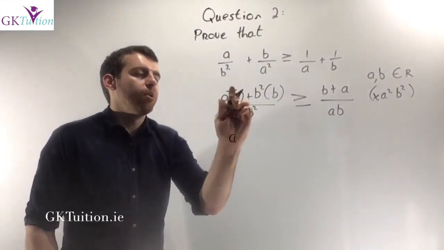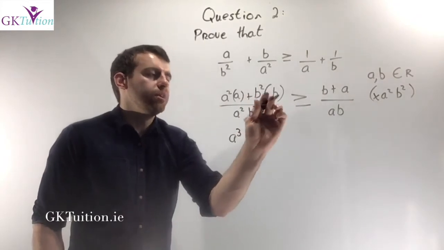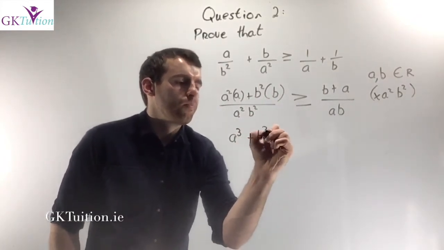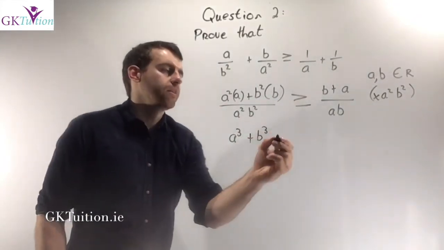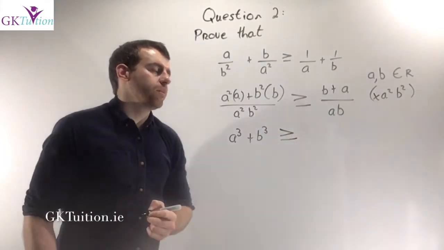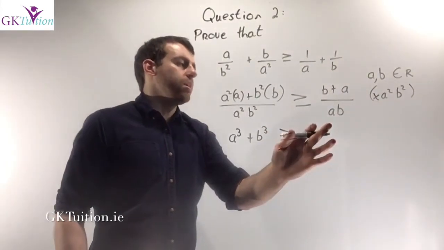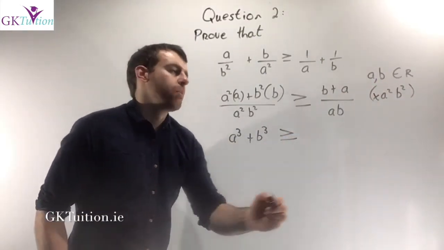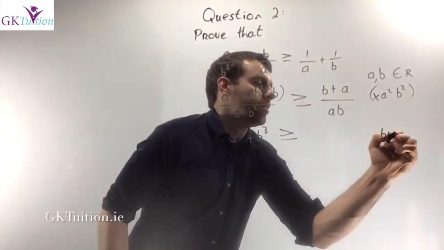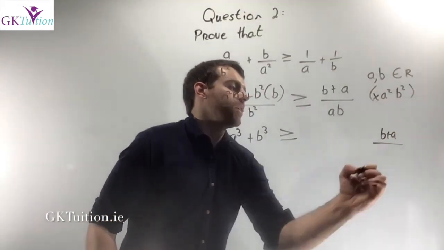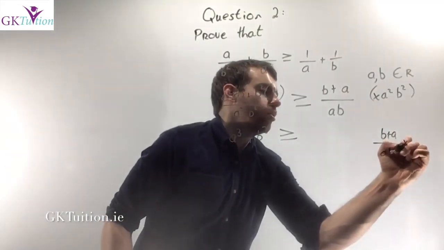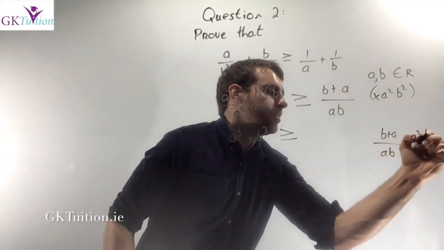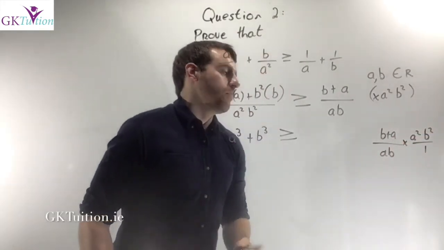And a squared by a is a cubed, b squared by b is b cubed. The bottom of the fraction would be eliminated. On the right hand side it's a little bit trickier. ab divides into a squared b squared ab times. What we might do is write this one out because it's a bit trickier. I have b plus a over ab, and I'm multiplying that by a squared b squared over 1.